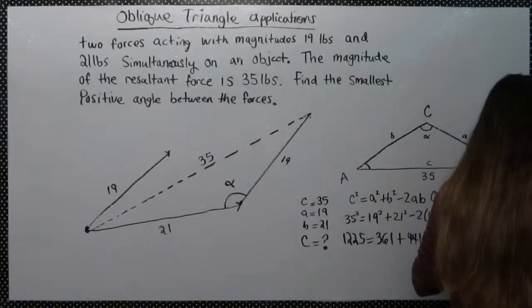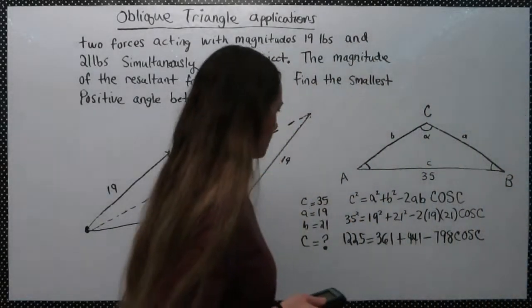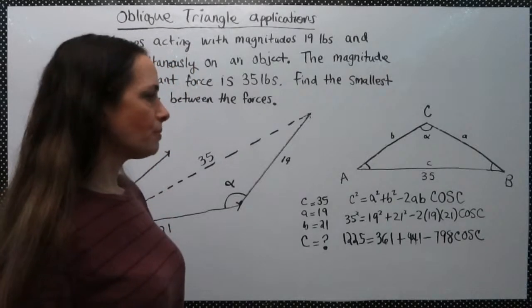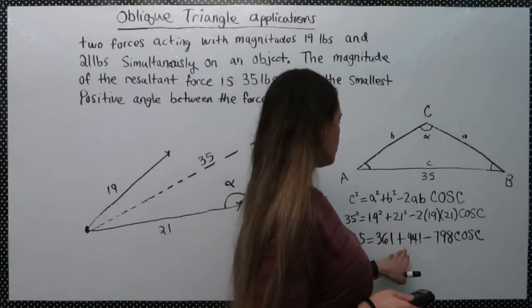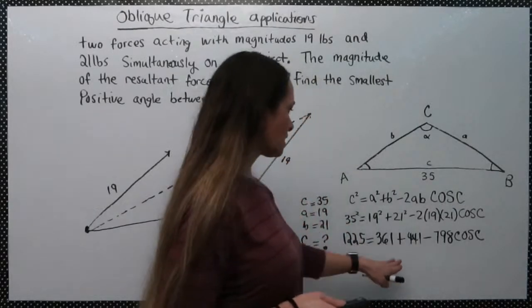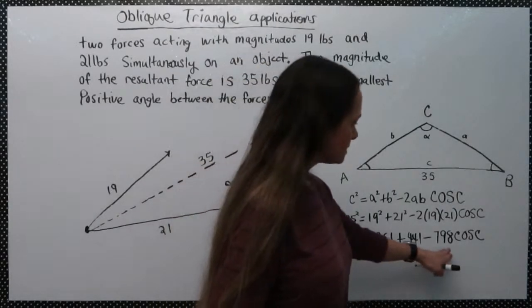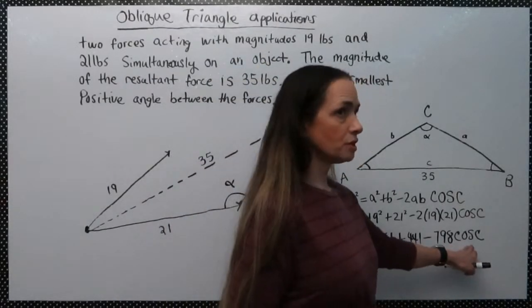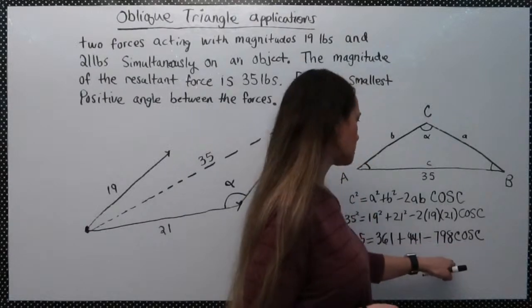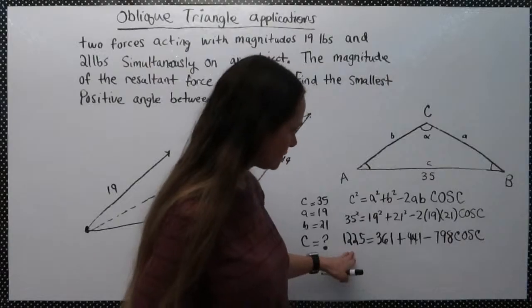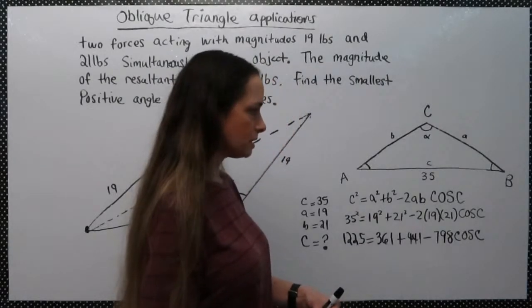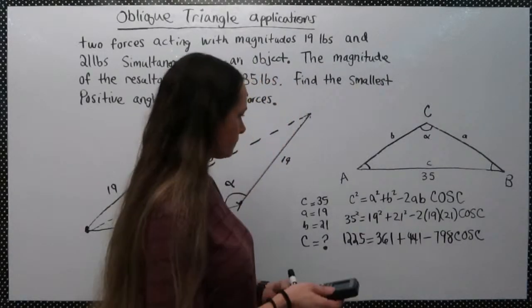Cosine c. All right, so order of operations, I have to add these together first. Essentially 798 is a coefficient of this variable cosine c, and these are both constants, so we have to combine all those constants. That's the next step.